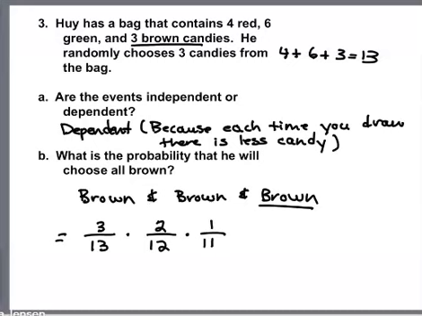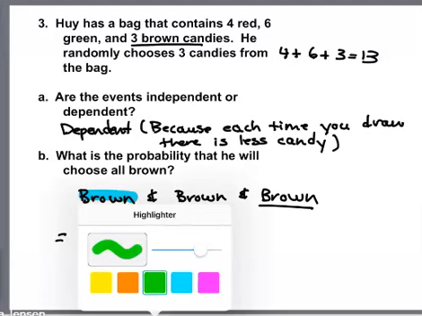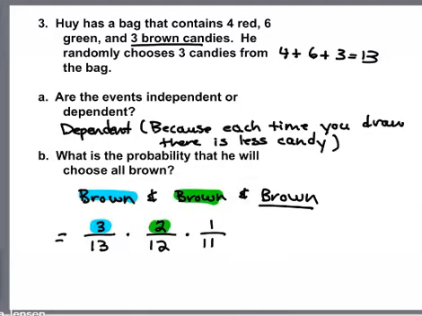Okay, so this is the first one, the 3 brown. This is the second brown. And this is the last brown there. So I can either just do 3 times 2 times 1. Maybe I'll just do that. We'll do 3 times 2 times 1, which is just 6.